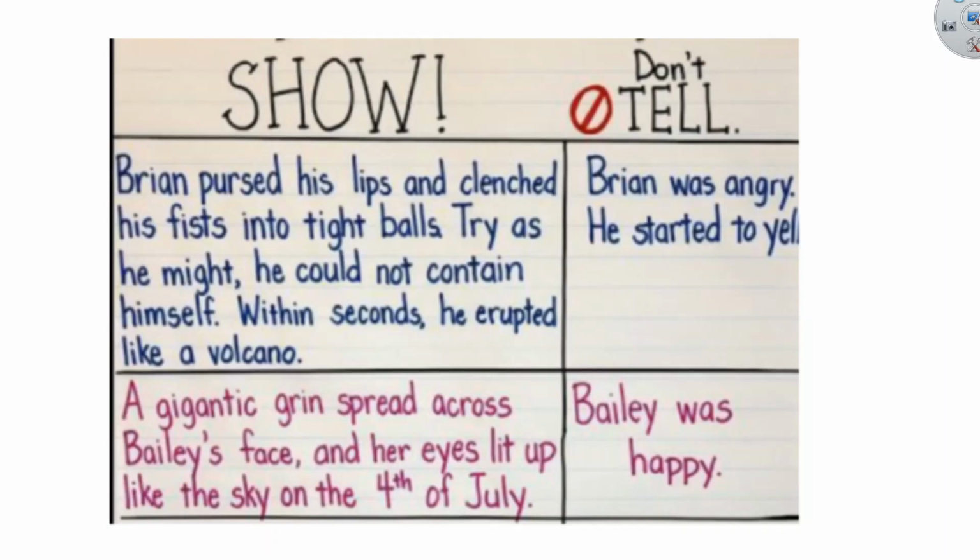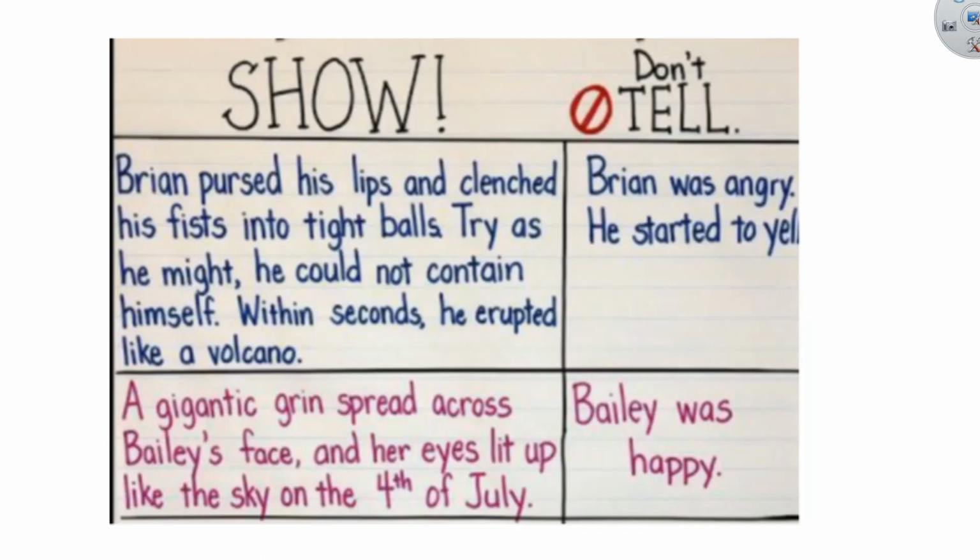But if I'm showing you that Brian is angry, I would say Brian pursed his lips, which means that he put his lips together, and clenched his fists into balls. Try as he might, he could not contain himself. Within seconds, he erupted like a volcano. So I know Brian is angry because he's pursing his lips together and he's clenching his fists into tight balls.